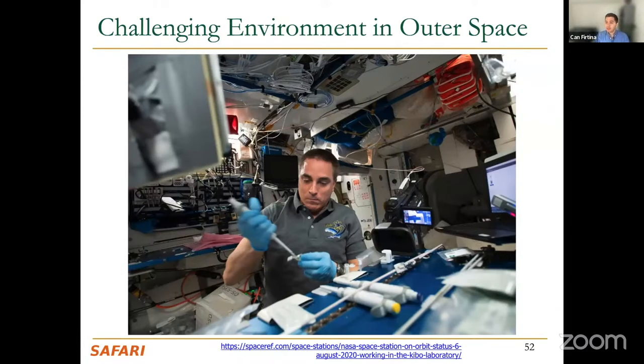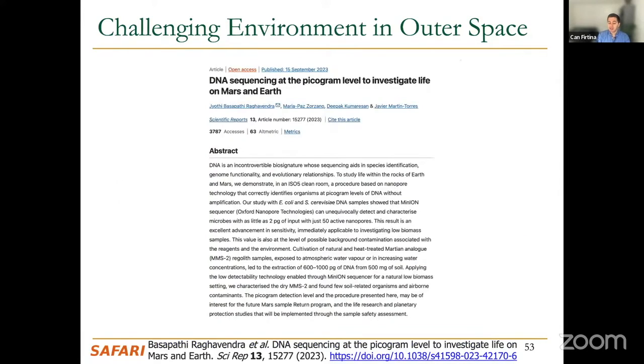We may be trying to analyze the genome in many different environments, including outer space. This is an example of sample preparation and DNA sequencing in outer space. So it doesn't even mean that we're going to be analyzing the genome on Earth, but we may also want to analyze it in space and even on Mars.